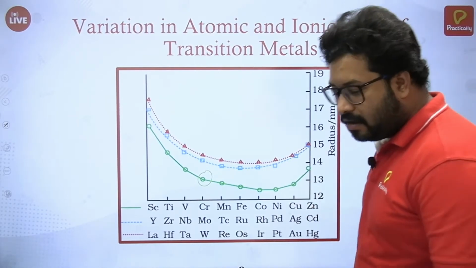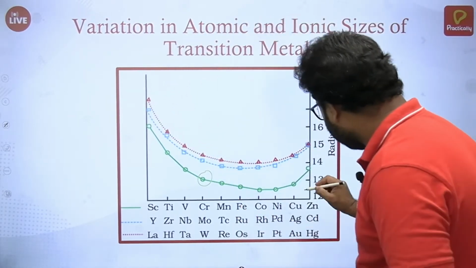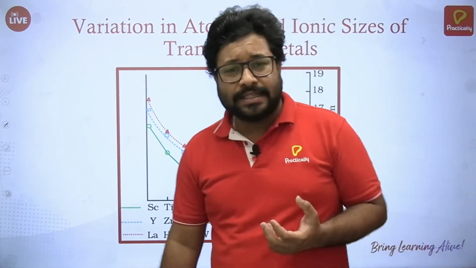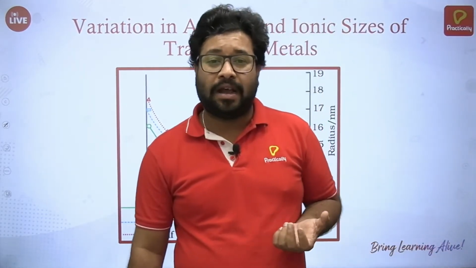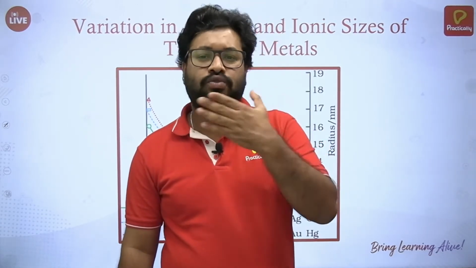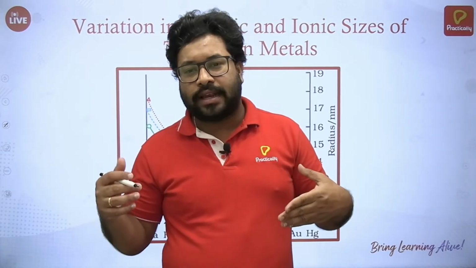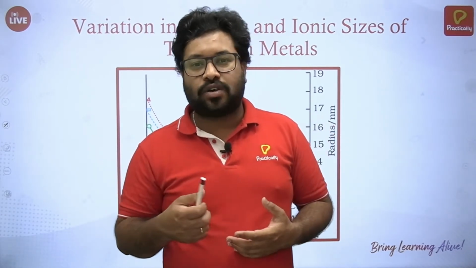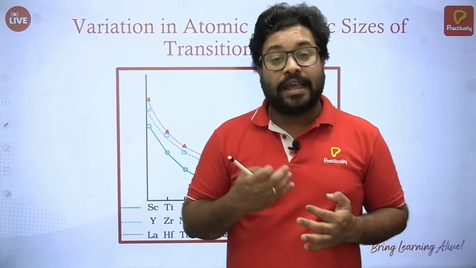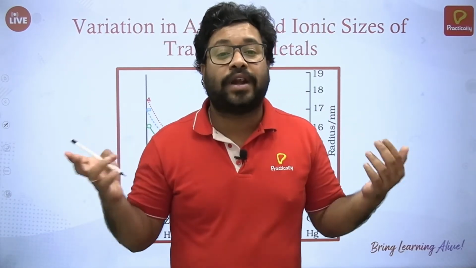But when you go from copper to zinc, you can see the size has increased here. Why? Because in zinc all the electrons are paired now. The electronic configuration of zinc is argon 4s2 3d10. So all the electrons in the s and d orbitals are paired. Where all the electrons are paired, there is inter-electronic repulsion.